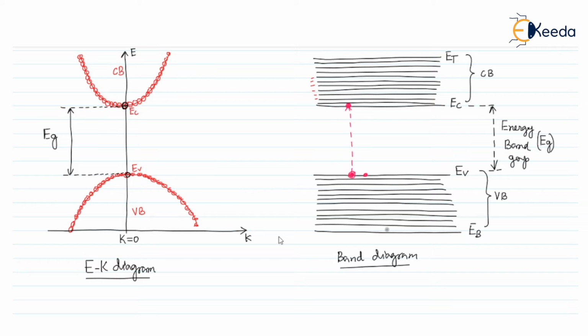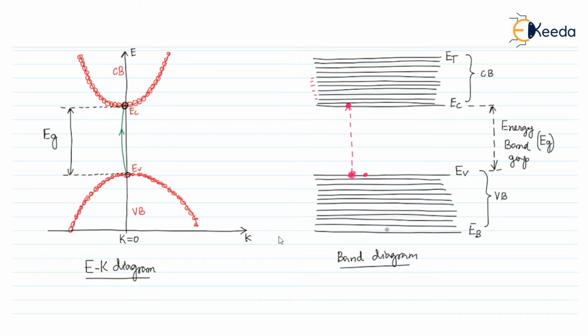Similarly, in the E-K diagram, the electron can jump from EV to EC if sufficient external energy is given. So this is a different way of representing a simple semiconductor.